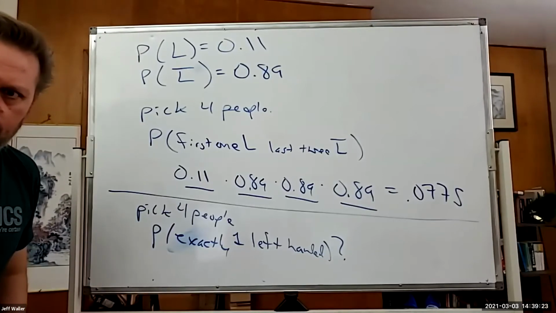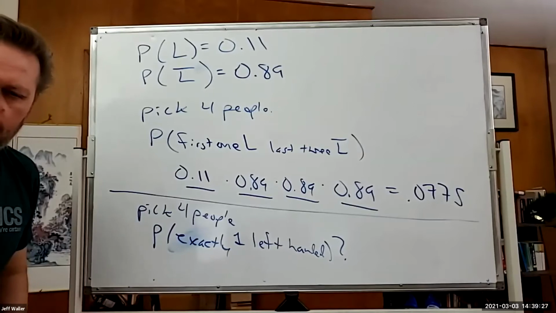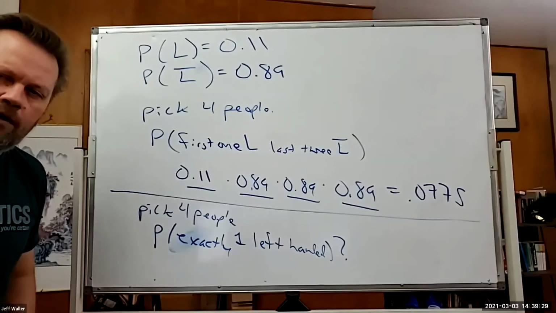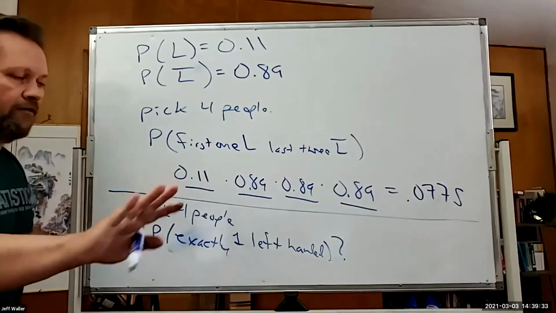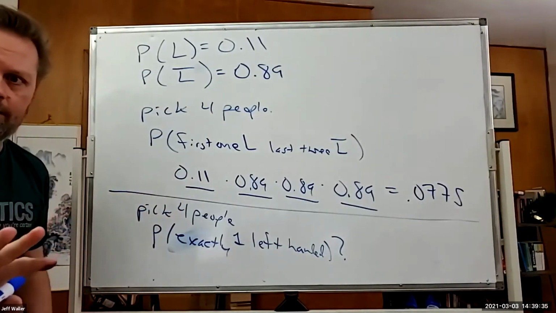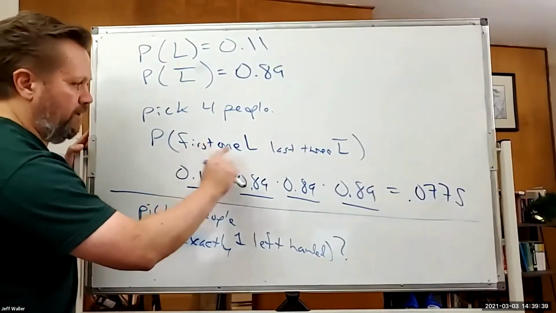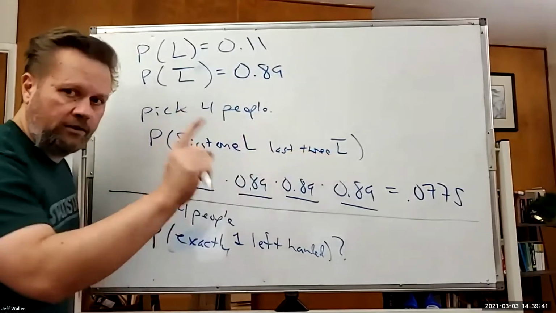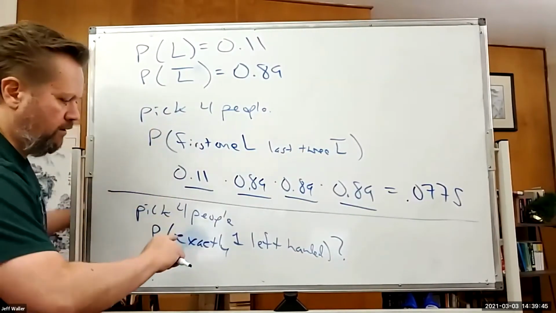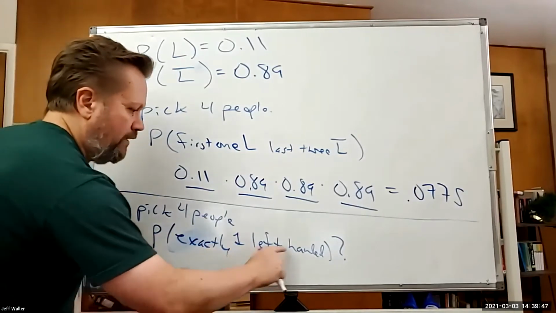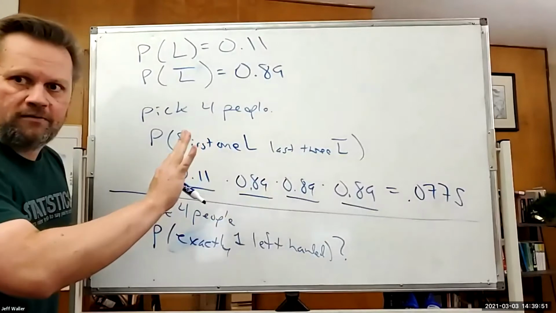You're not counting the last 3? No? It's kind of like the other way around. Would it just be 1 out of 4 people? Definitely not. So what is this? This is the probability that the first one is left-handed, correct? Corbin's onto something. The probability that exactly one is left-handed, isn't this just one way that could happen?